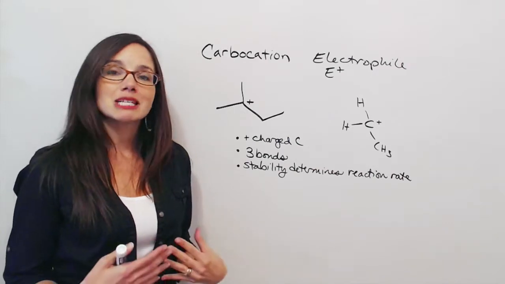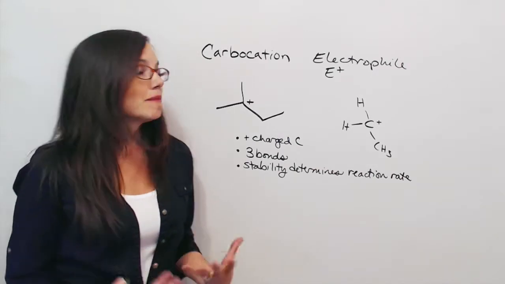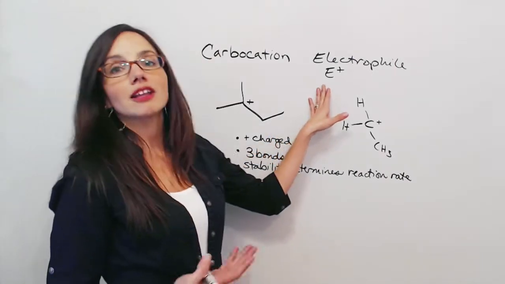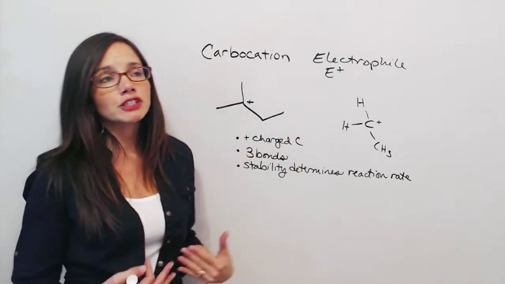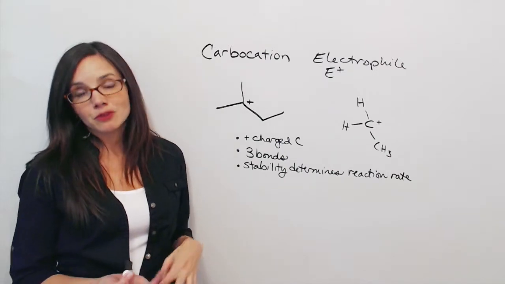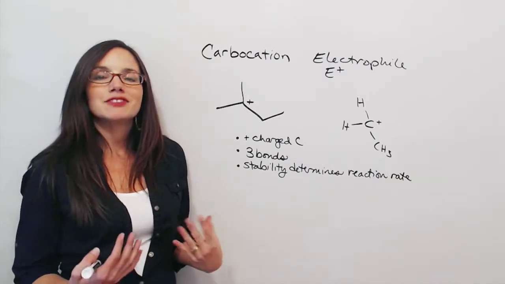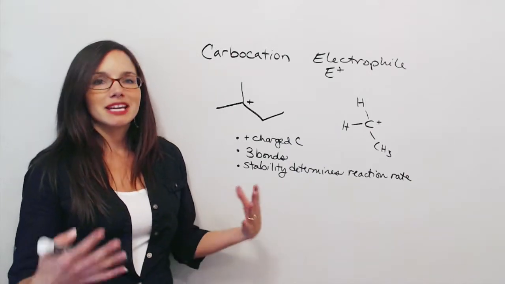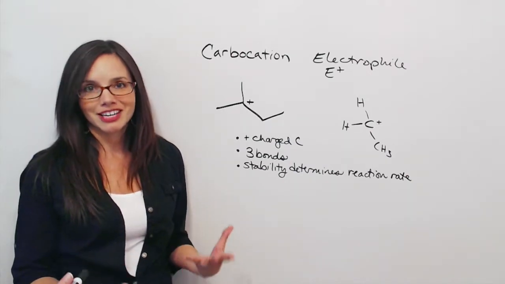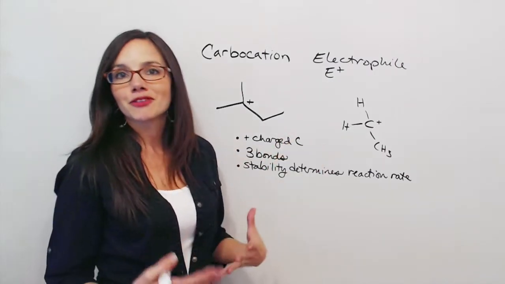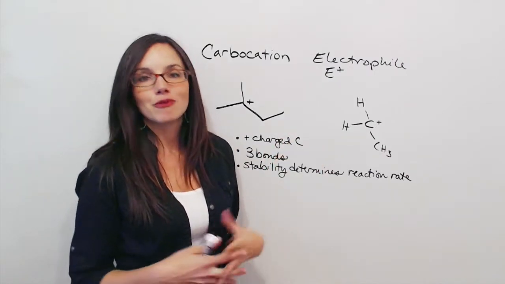That means they're desperate for electrons. That makes them really electrophilic. Carbocations are strong electrophiles. What electrophiles are is positive or partial positive molecules that are attractive to nucleophiles. They want to be attacked by things that can donate electrons to them. So again, carbocations are great electrophiles and they're ready to be attacked.